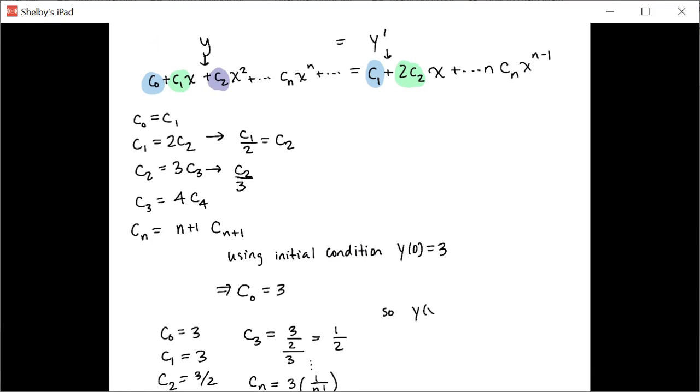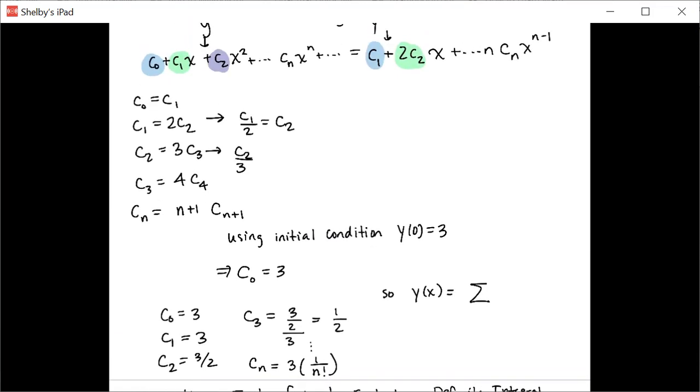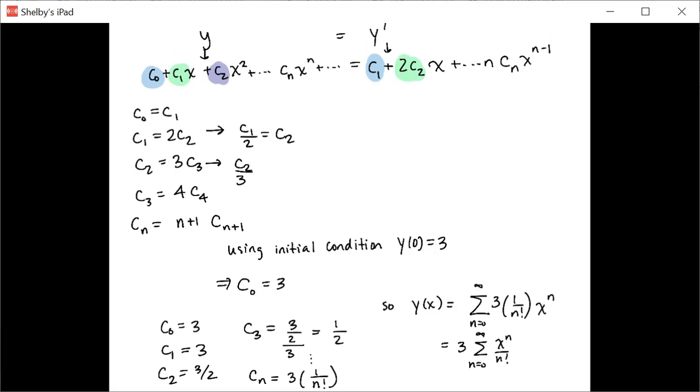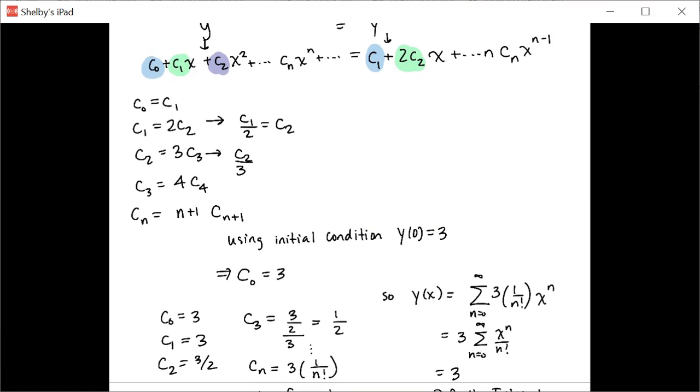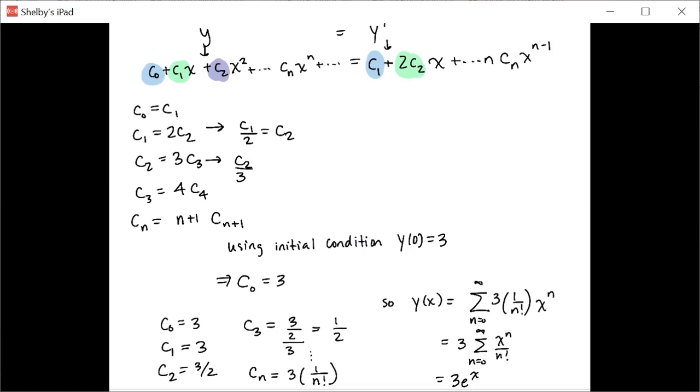So y of x then is equal to, come back, put your formula in, 3 times 1 over n factorial times x to the n, and you can pull that 3 out, and x to the n over n factorial, well, that's just e to the x. So we just use this to solve our differential equation.